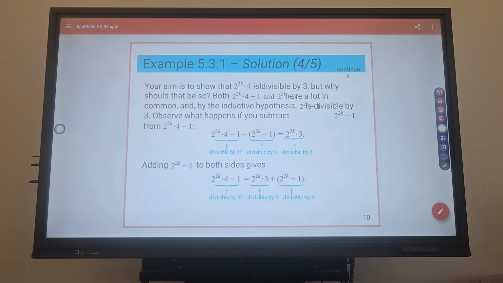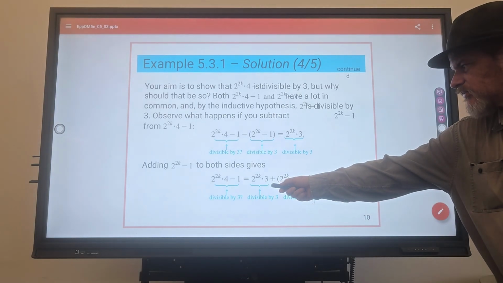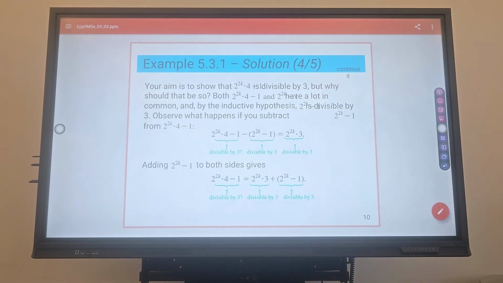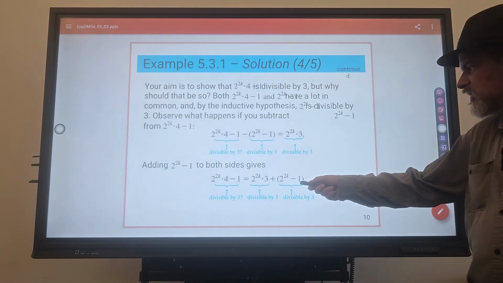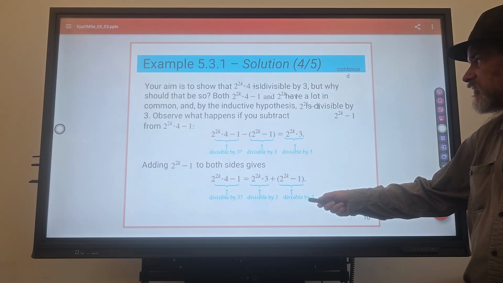Adding 2^(2k) minus 1 to both sides, you have those two little terms here: 2^(2k) times 3, which is divisible by 3, and 2^(2k) minus 1 is divisible by 3 by the inductive hypothesis.